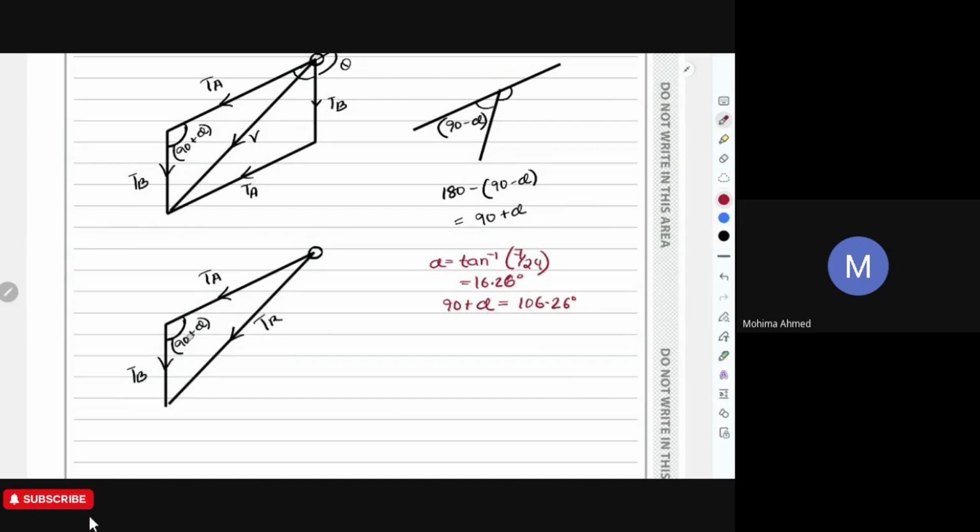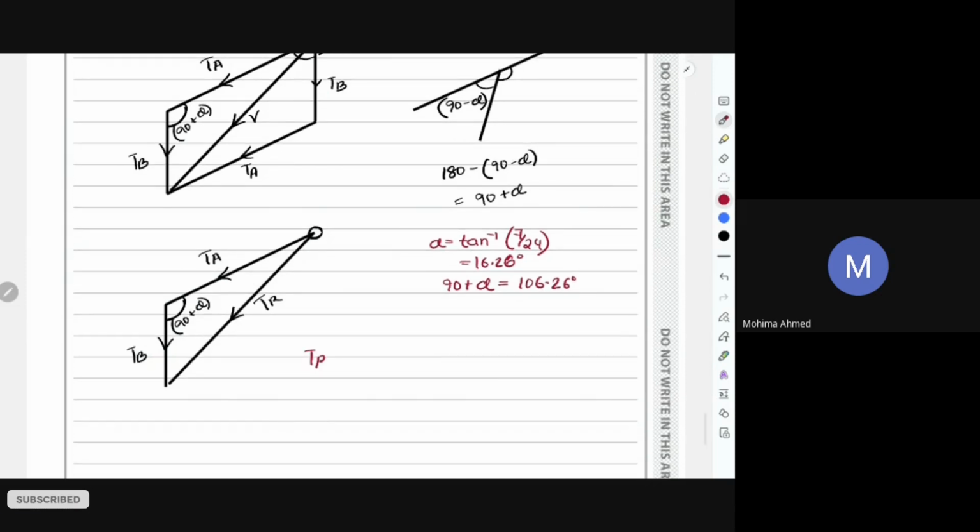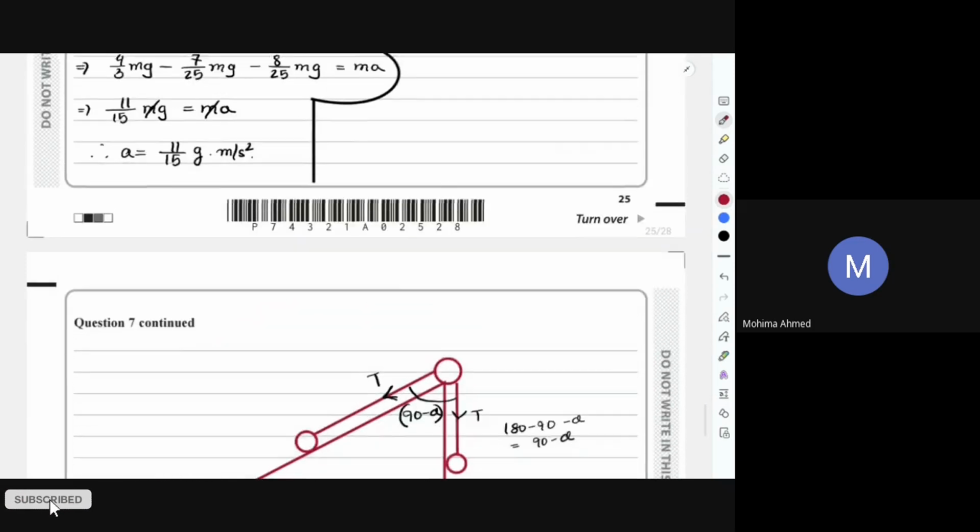Right, so if this is 106.26 degrees, I can easily use the cosine rule to find this resultant. These individual tensions we have calculated, right? How much was that? That was actually 4 by 3 mg. Yeah, 4 by 3 mg. Wait, can we calculate this?